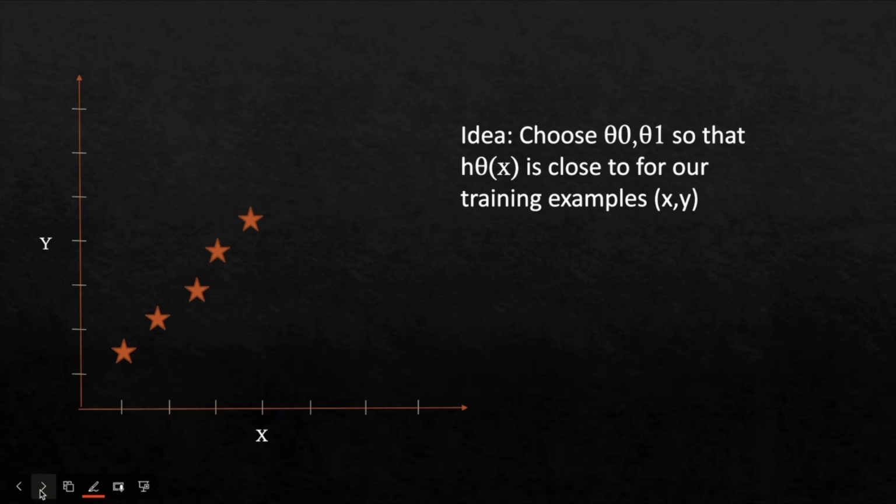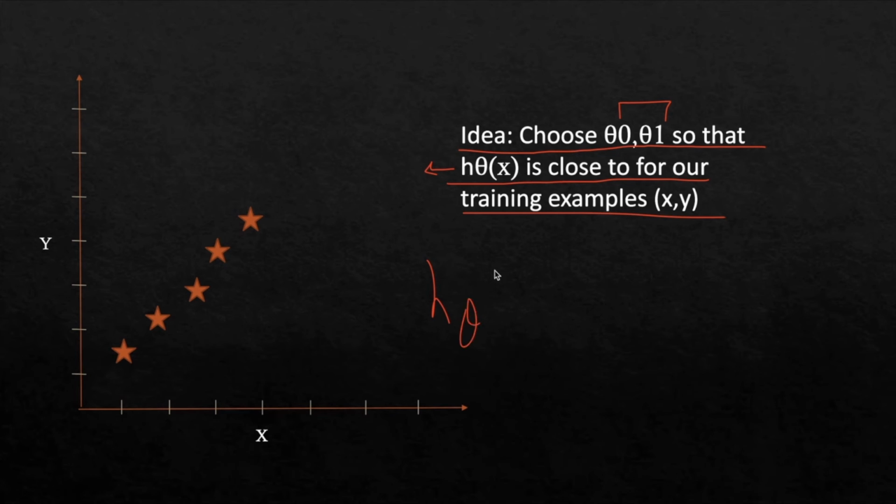So let's move on. The idea which I was talking about earlier was that we choose theta 0 and theta 1 so that our hypothesis function is close to our training examples. What I mean by that is h theta x has a value closest to y.